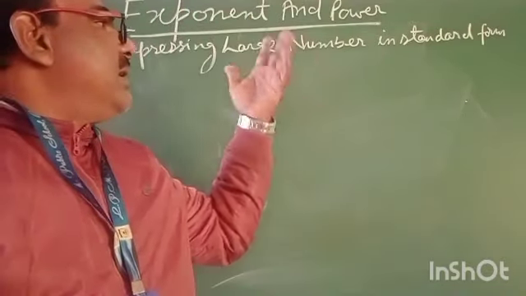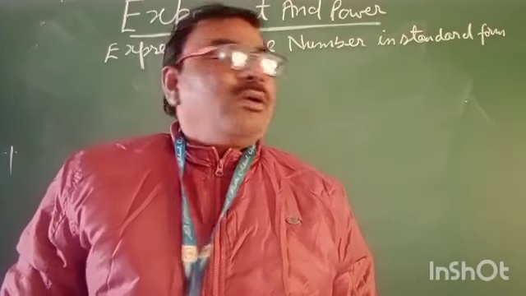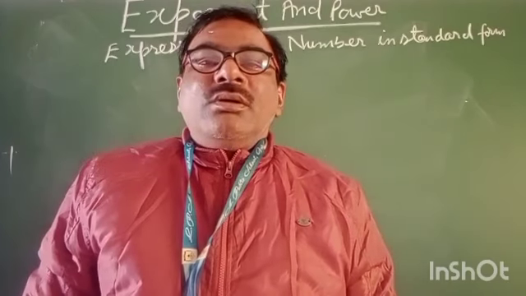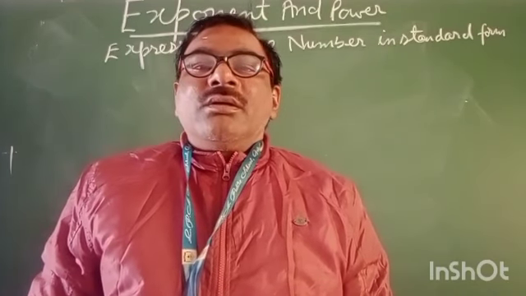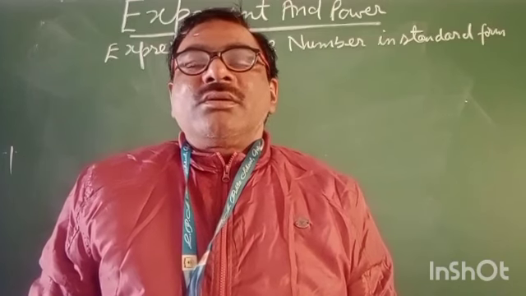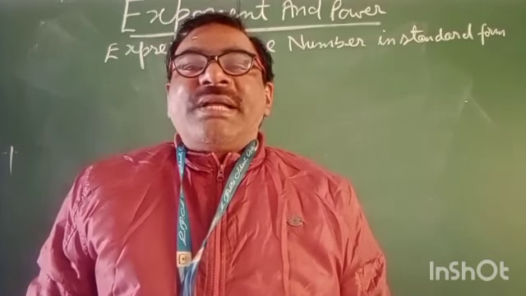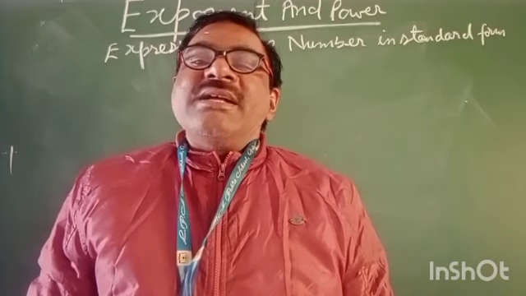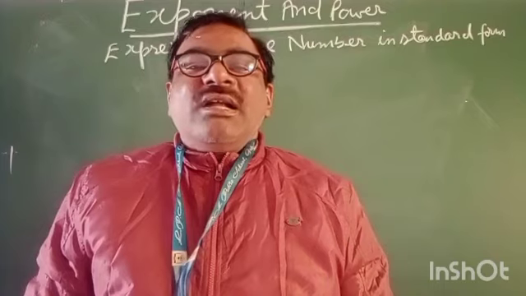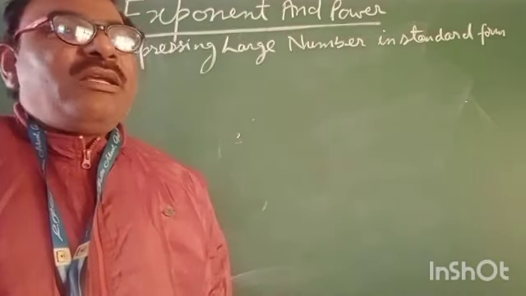How to write any large number in standard form? It means expressing any number between 1 and 10 multiplied by a power of 10. This is called the standard form of any large number. So how to express a large number in standard form?